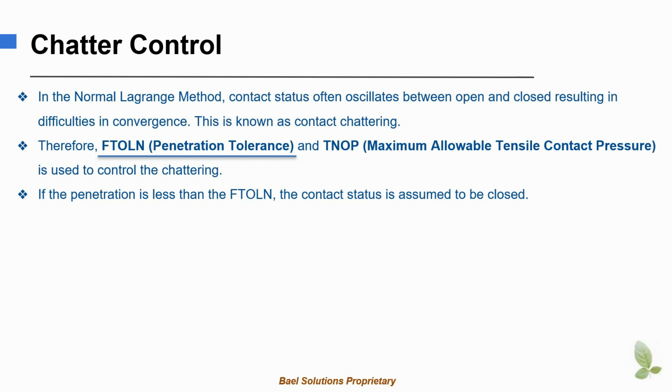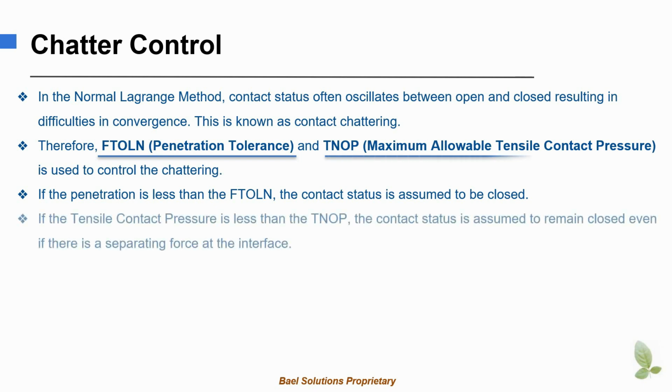Similarly, if the tensile contact pressure in the contact pair is less than the maximum allowable tensile contact pressure, the contact is kept closed, even if there is a separating force at the interface.